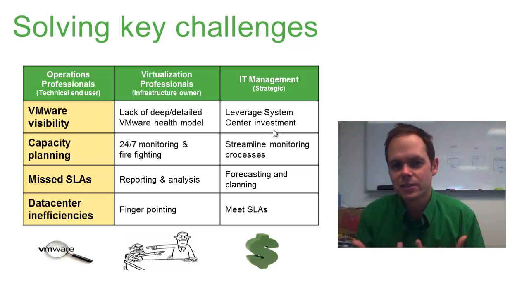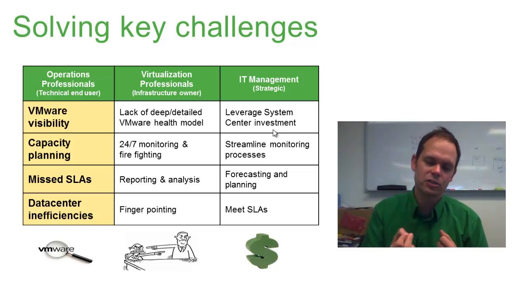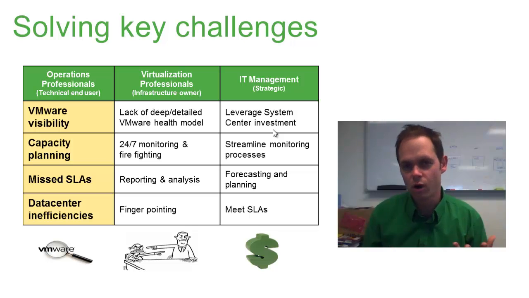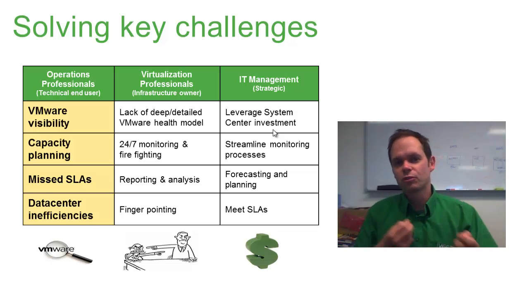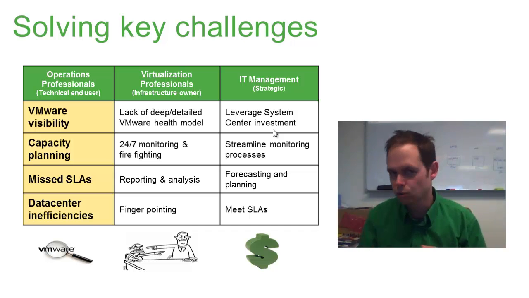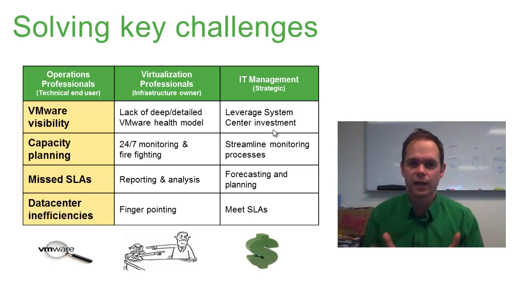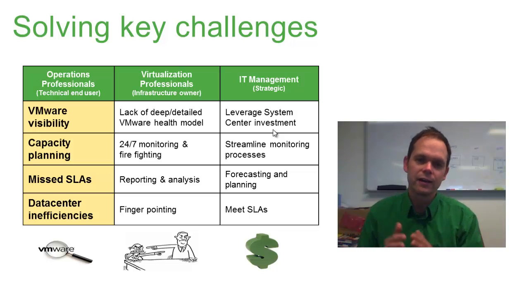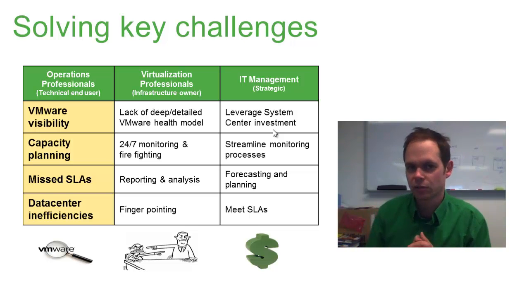It's about capacity planning, so you can make the right decisions about your VMware virtualization environment using that single framework. It's about helping reduce missed SLAs, making the organization more efficient in terms of managing service level agreements, responding to calls, closing tickets, streamlining IT operations, as well as ensuring that the infrastructure is hitting the service level agreements.